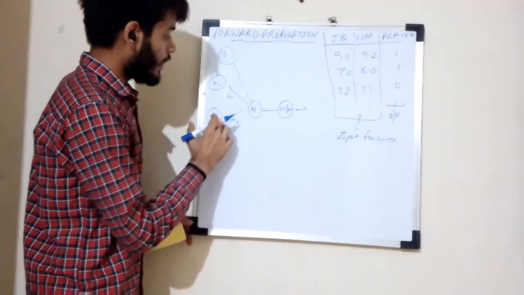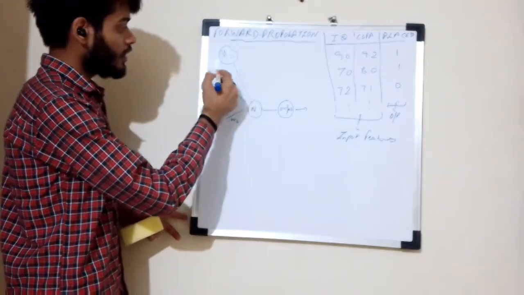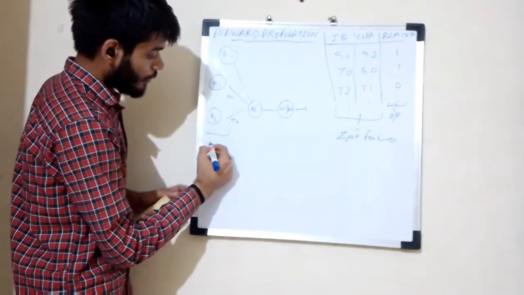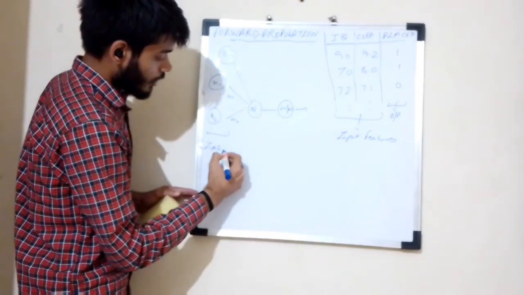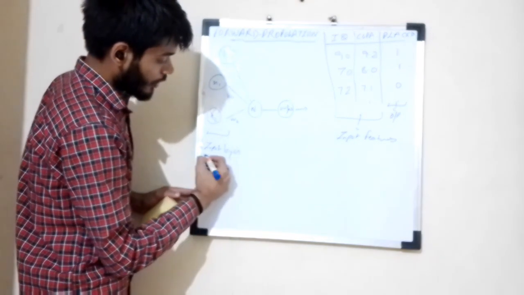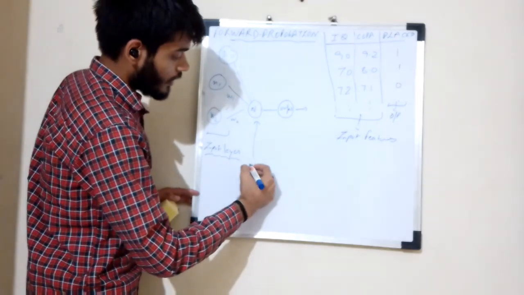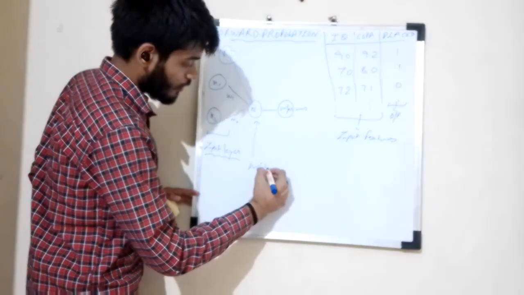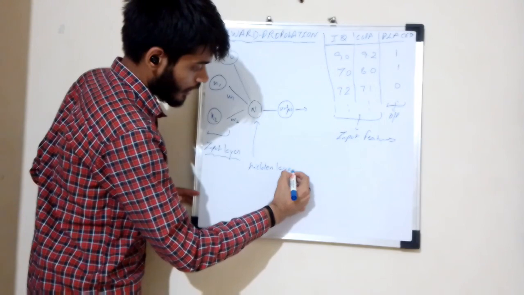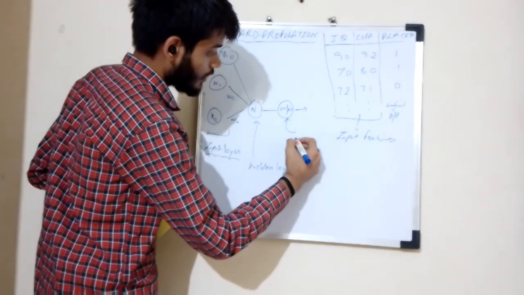These outer ones are known as the input layer, the one inside is known as the hidden layer, and this one is known as the output layer.